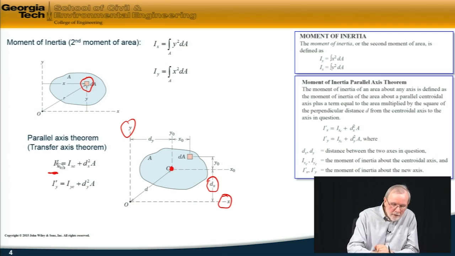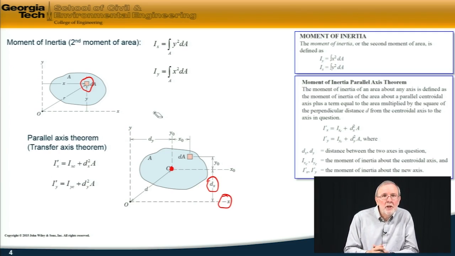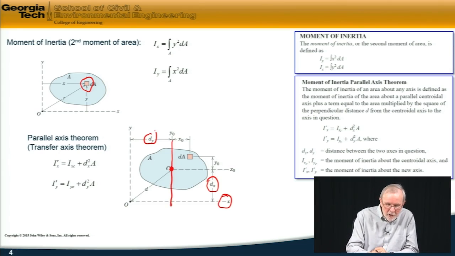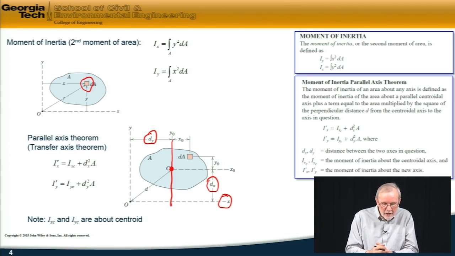Similarly, the moment of inertia about the y-axis, Iy prime, is equal to the moment of inertia about a vertical axis through the centroid, plus the distance dy squared multiplied by the area. And this is the parallel axis theorem. But note that in that equation, Ixc and Iyc are the moments of inertia computed about the centroid. So therefore, with this theorem, we can compute the moment of inertia about any parallel axis.